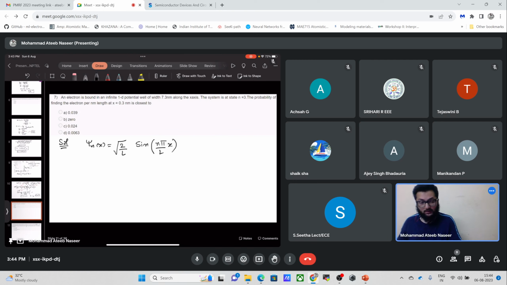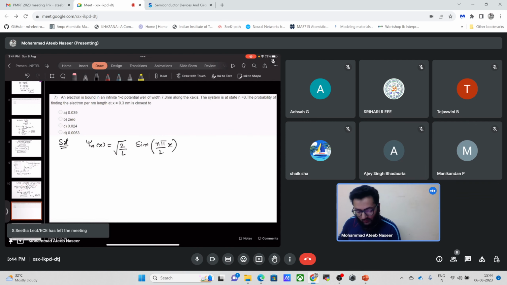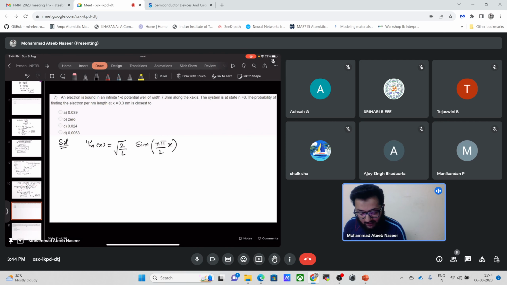This is the solution for the quantum well problem, and the probability is simply psi conjugate into psi, and in this case, this is the real function itself, so it will simply be equal to this.